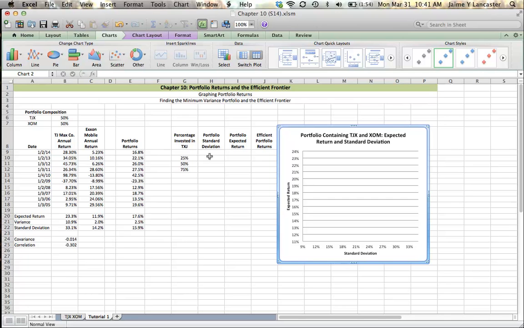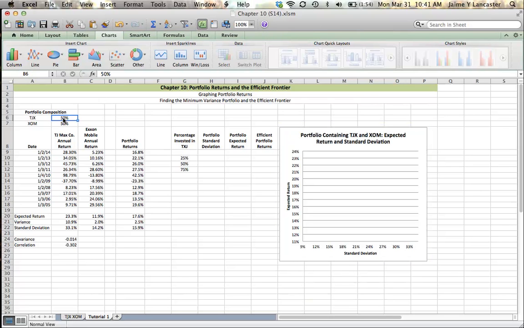So let's take this number here, and let's change our investment in TJ Maxx to 25%. Automatically, ExxonMobil changes to 75%. So if we've got 25% in TJ Maxx, we think that our portfolio is going to have a standard deviation of 11.3% and expected return of 14.8%.